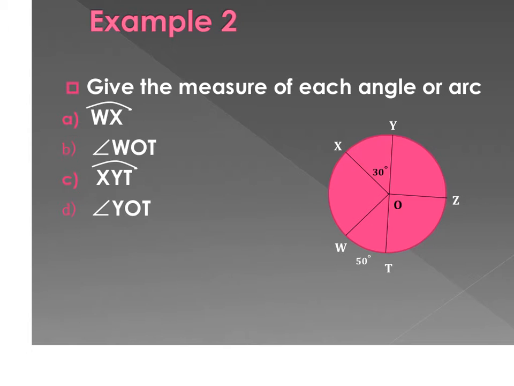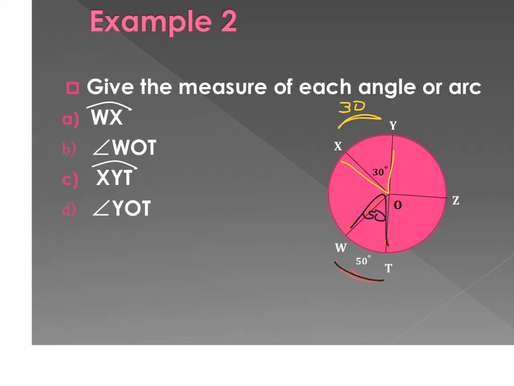So for arc XY, I can see it's going to be the same as the measure of angle XOY, which is 30. Also, I have an arc measure over here of WT, which is 50. So then I know central angle WOT or TOW is also going to be 50.